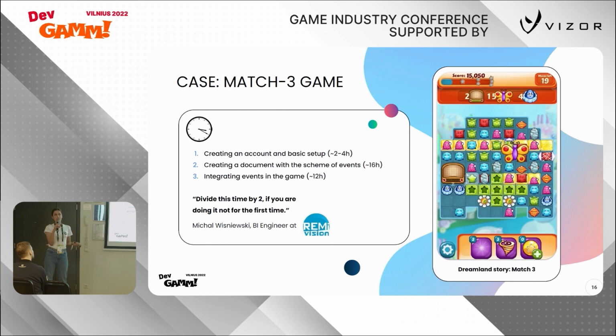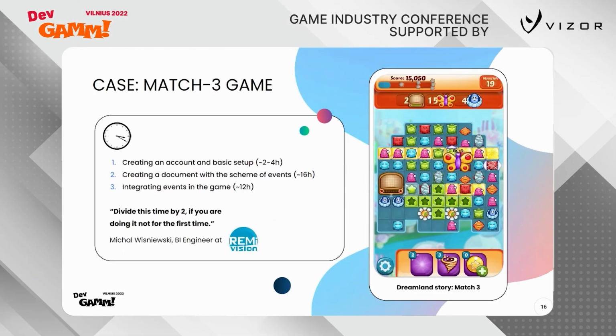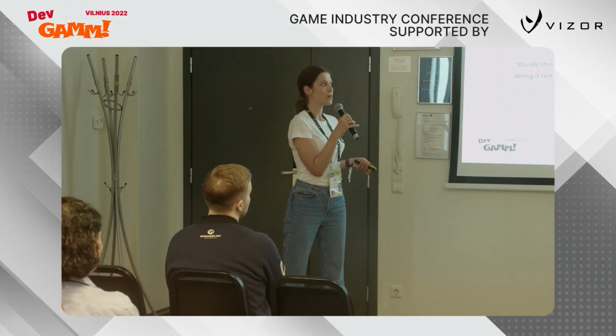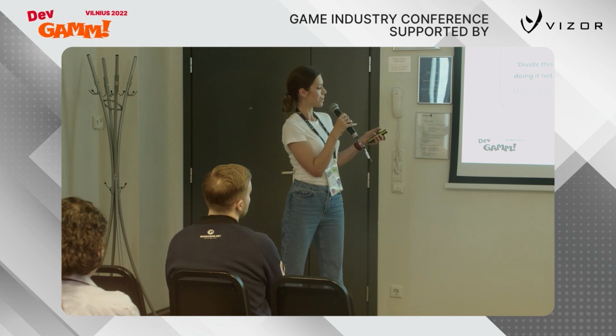It was their first experience, so their representative Michal told me that it could take them twice less time, which means they could make it in 15 hours if they were doing it for the second or third time. This timeline can vary because it depends on the game genre and on how detailed you want your analytics to be. But I think it's always good to have some orienteers, and that is why I decided to mention it here.